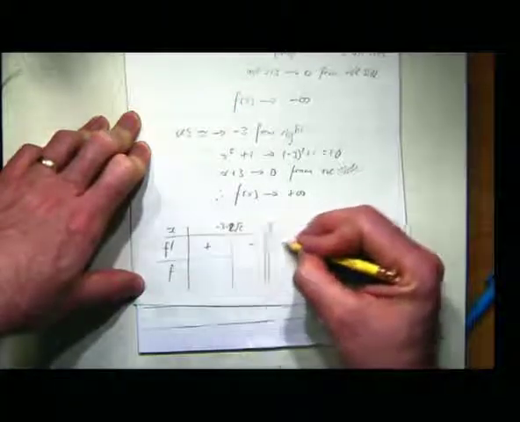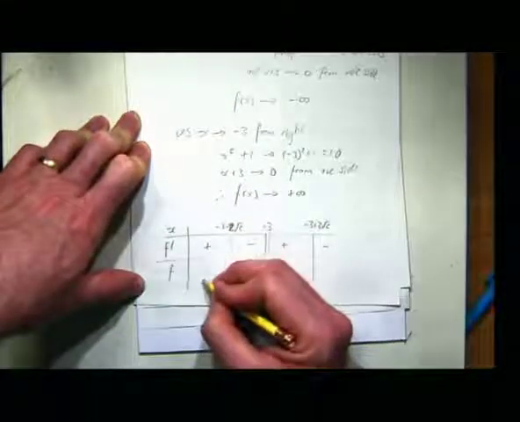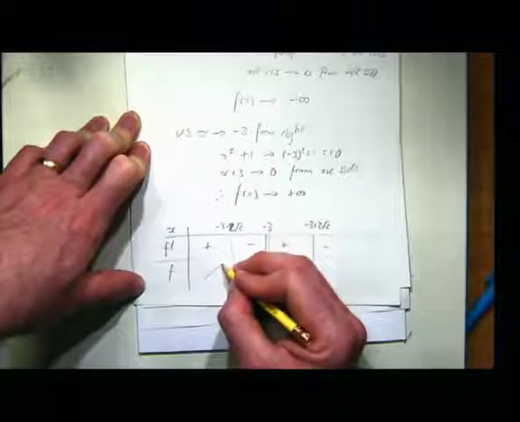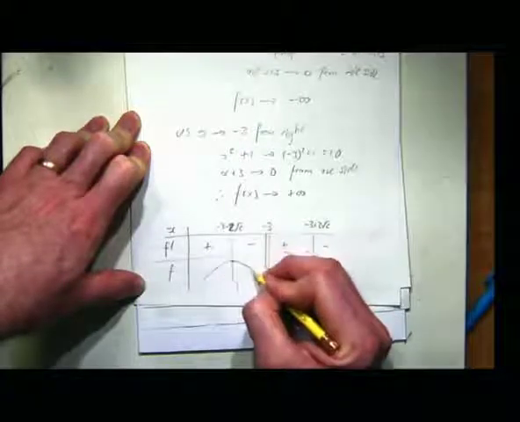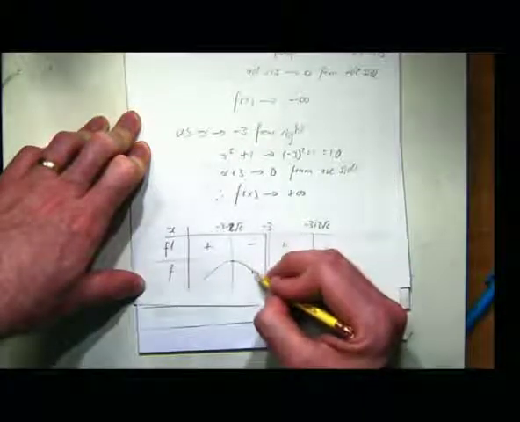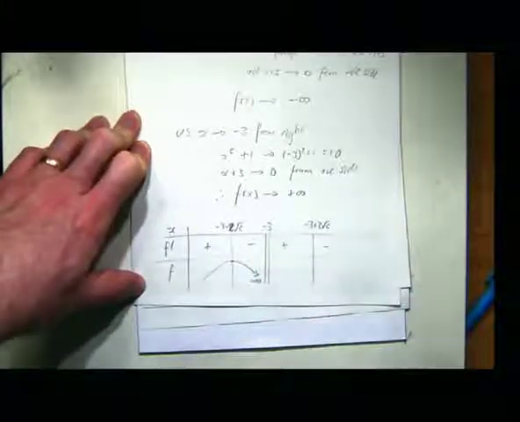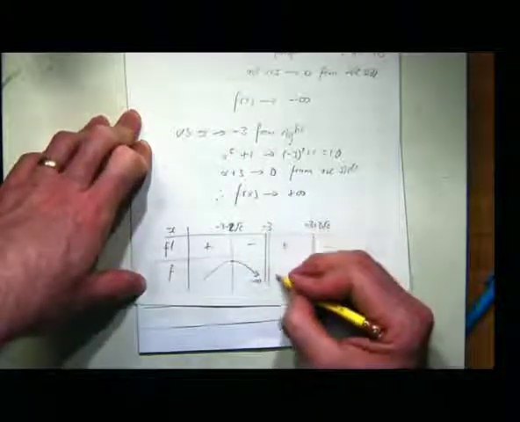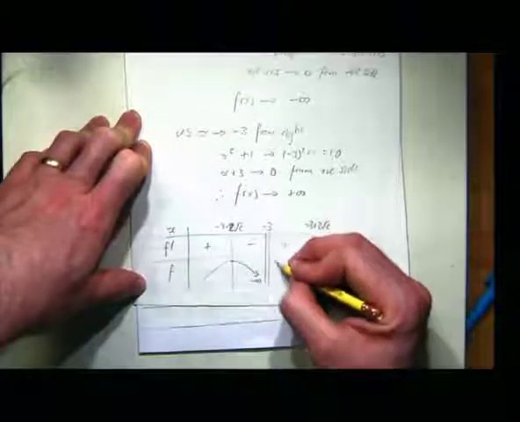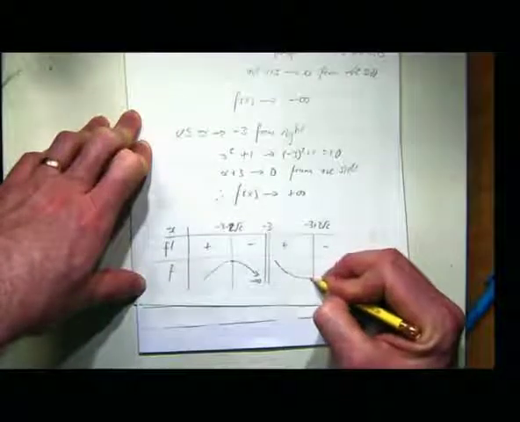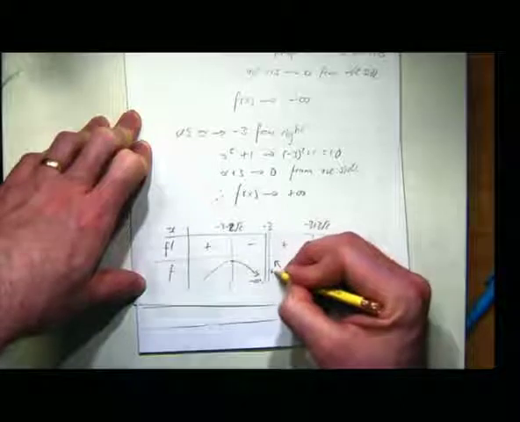This was plus, minus. This was going up and actually achieving a turning point and coming down. And this is going to minus infinity. And this is coming down and achieving a turning point and going up, and that's going up to plus infinity.